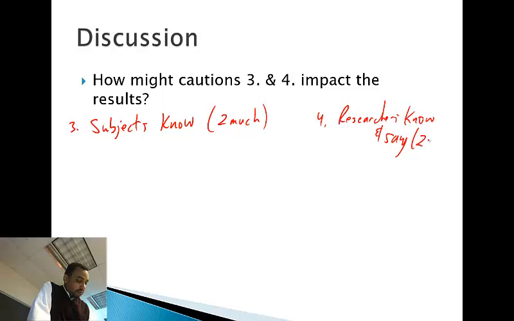So what if you knew that you were in a study designed to help you not get the flu or whatever it is? What if you knew that? Well, how could you behave differently?